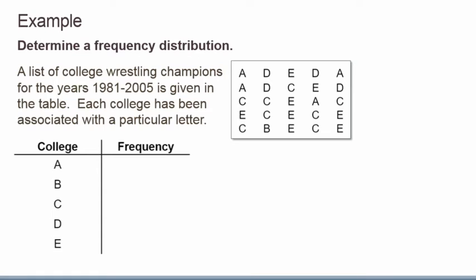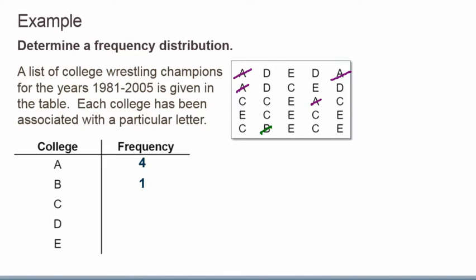For college A, we have 1, 2, 3, 4 entries. So for college A, we have a frequency of 4. For college B, we have 1 entry, so we have a frequency of 1.